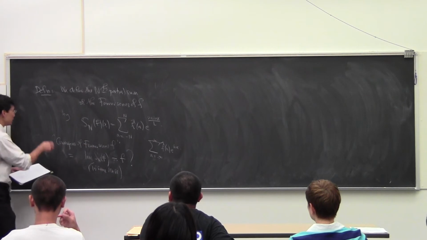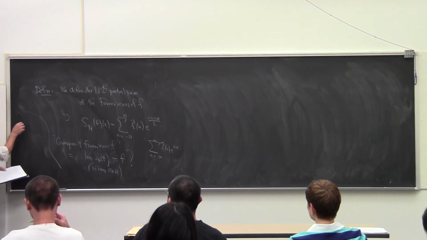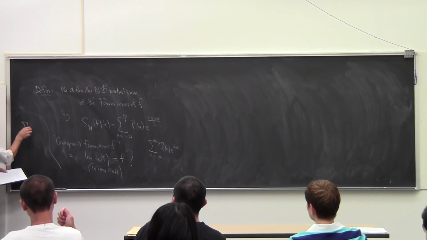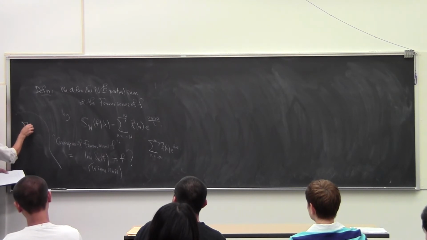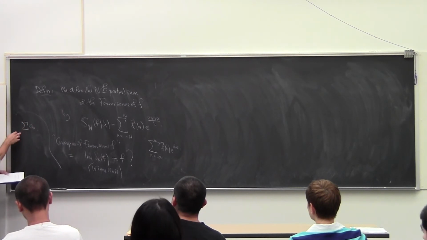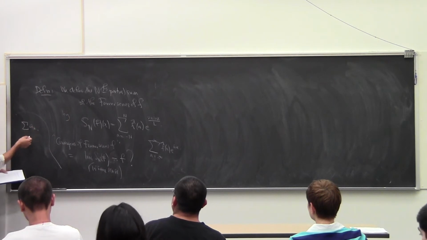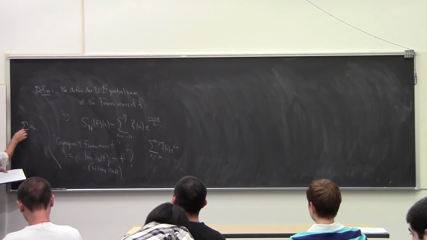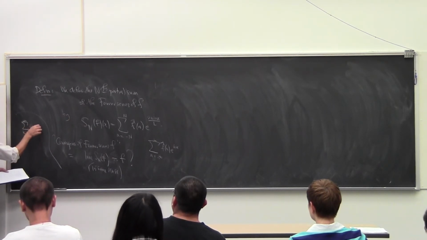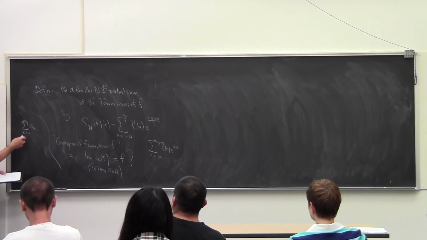Just remember how you were talking about sums. How did you define the sum of an infinite series, the sum from k equals 1 to infinity? What did it mean for this to converge?